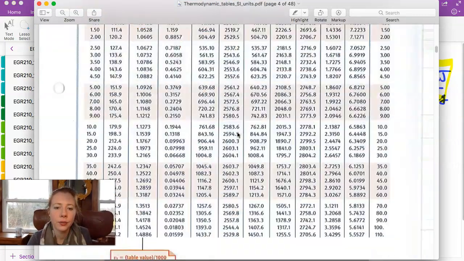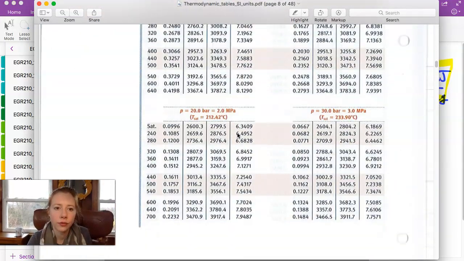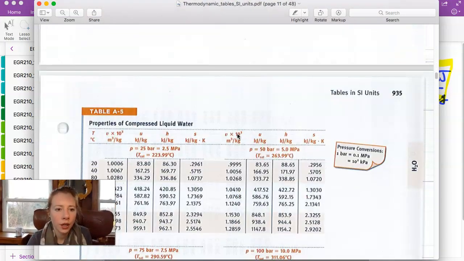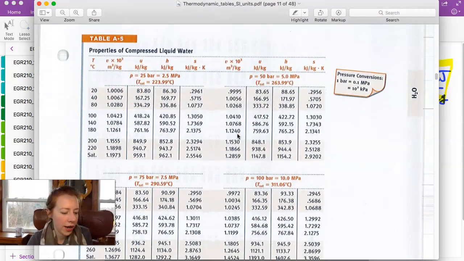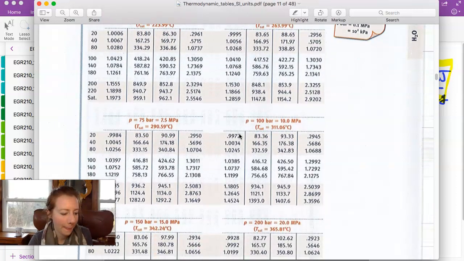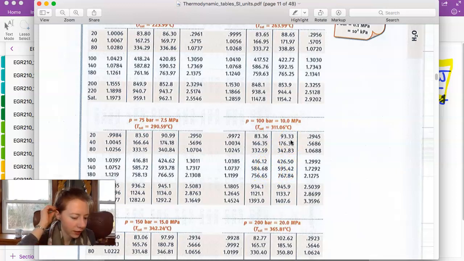So if you go to the compressed table, P4 is 100 bar, and H4 then is going to be 430.7. All right, so the temperature is going to be somewhere in between 100 and 140 degrees Celsius.